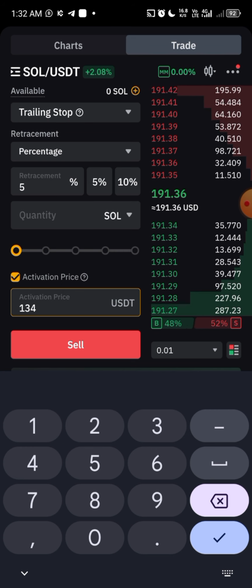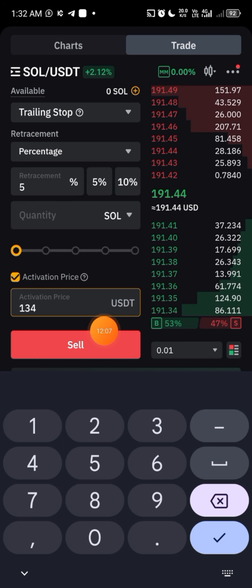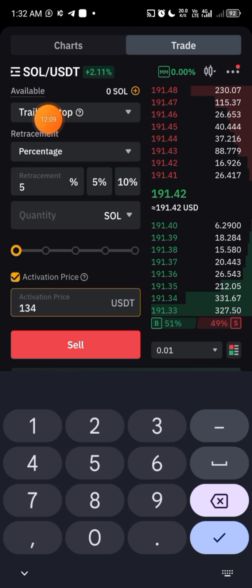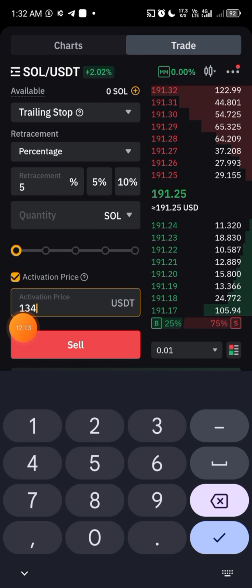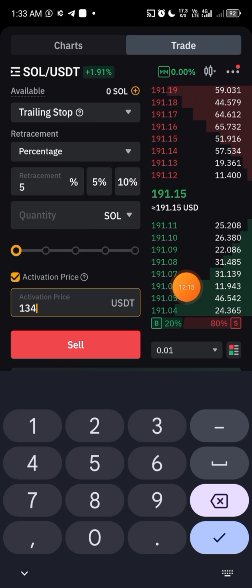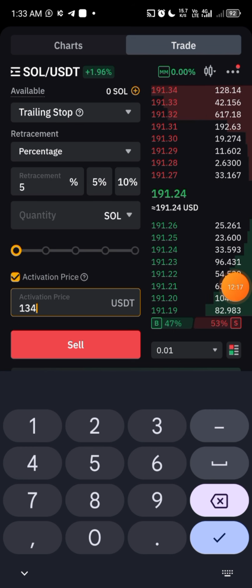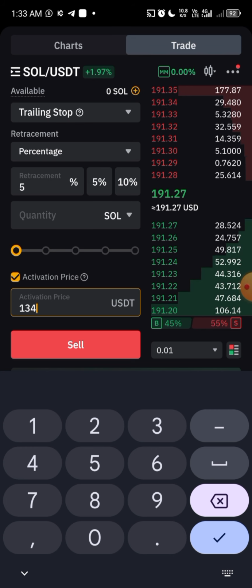Once I set it like this, we have chosen trailing stop, percentage 5%, then 134. This means that once the price hits 134 and goes 5% above 134, it activates my trailing stop.